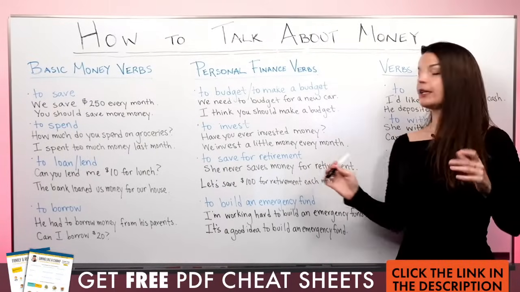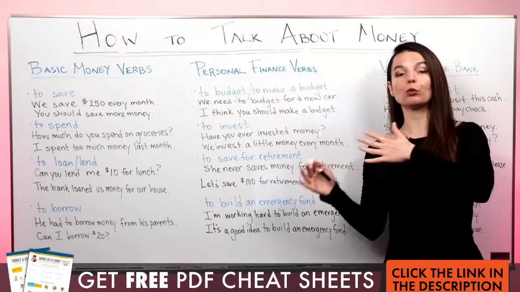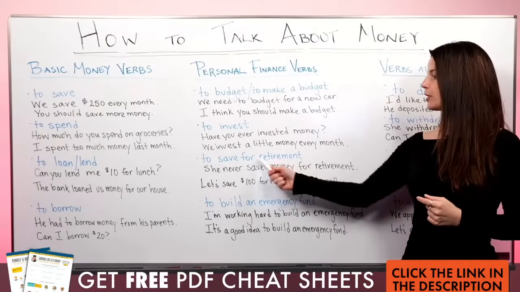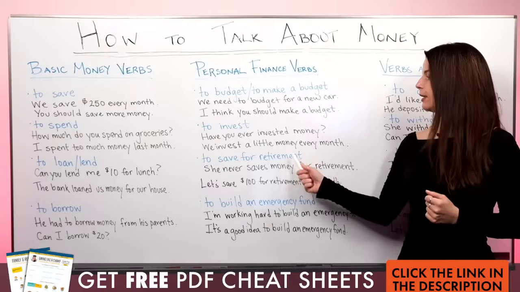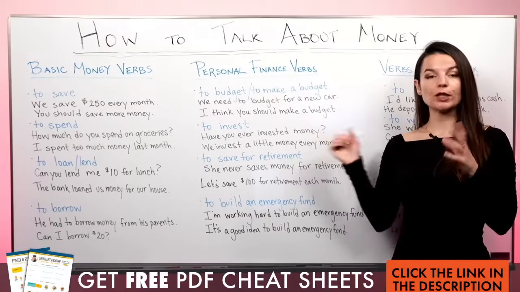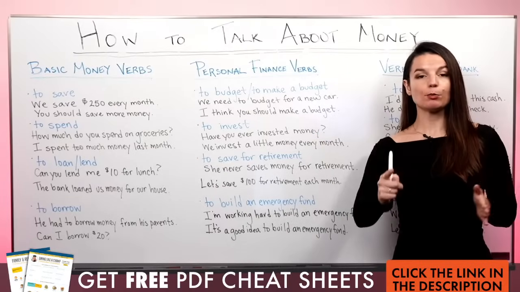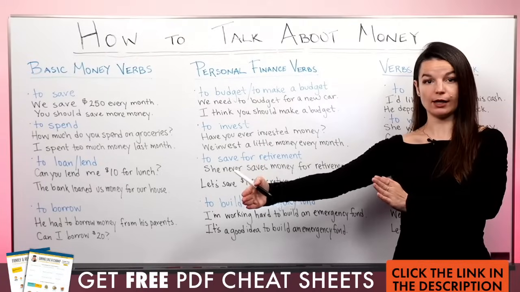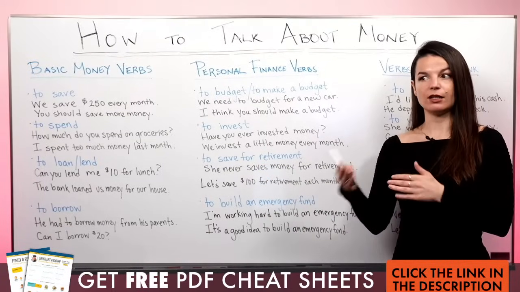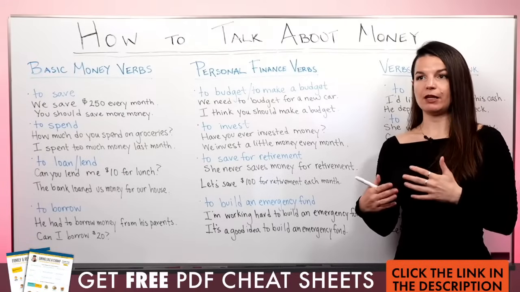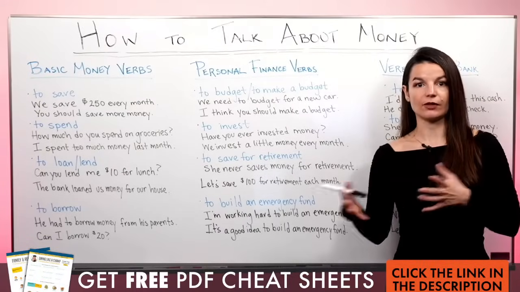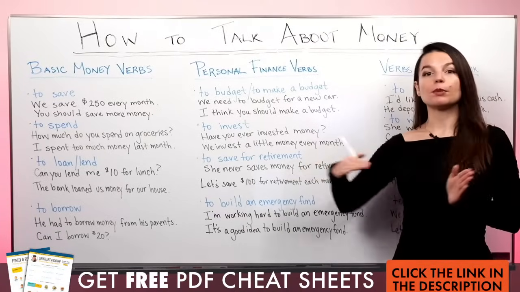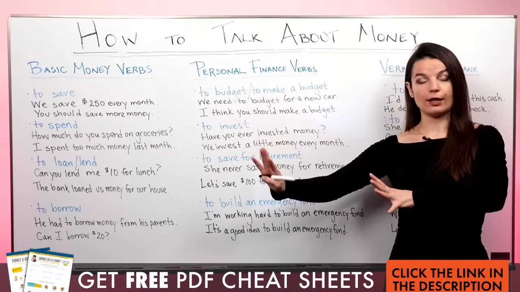So next one is to save for retirement. To save for retirement, this is a key word here. Retirement means the period of your life after you stop working. So it's a little different in different countries, yeah? Maybe it's 70 or 75 or 65 in your country. So retirement means the period when you don't work anymore, right?